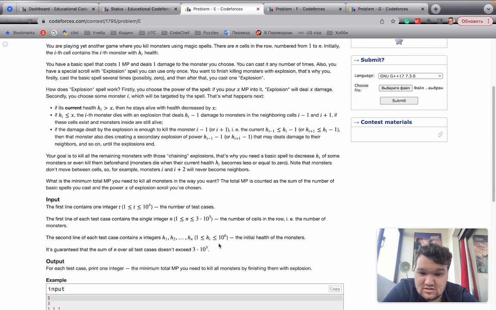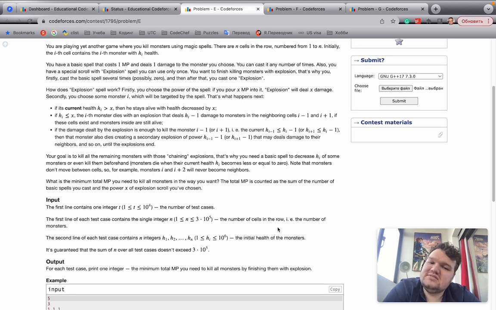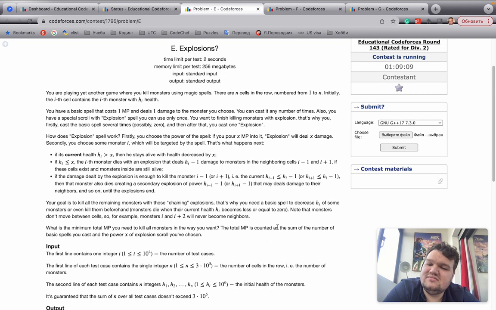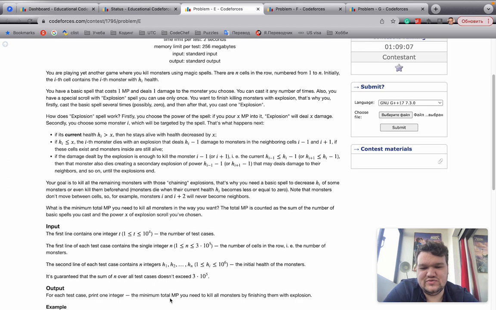The heights are pretty big. Interesting why they're not 10 to the 9th. The answer is at most just the sum of them. So it's not because long will overflow.